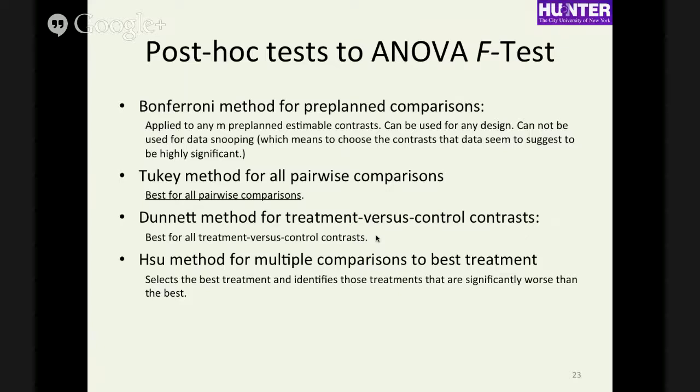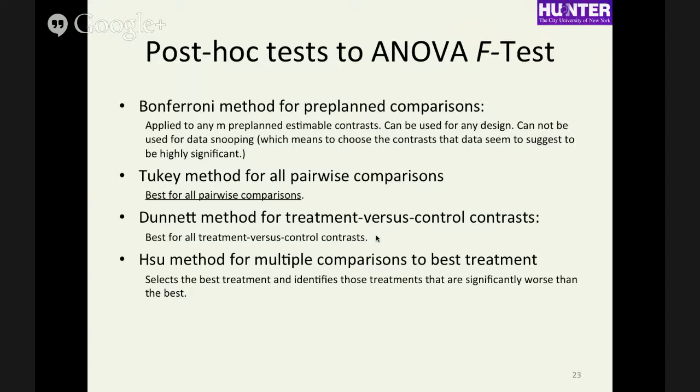Do you remember the multiple testing problem I showed you earlier? If you were doing 3 comparisons, the problem was that your chance of having at least one type 1 error, even with alpha equals 0.05, becomes greater than 0.05. These methods will help you solve that problem, and what they will do is alter your p-values.